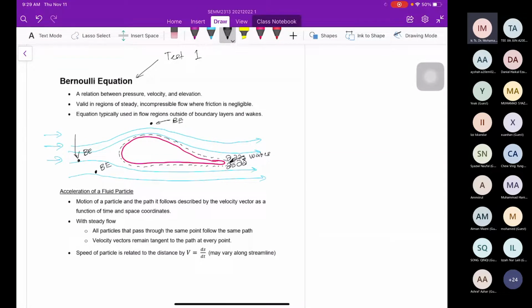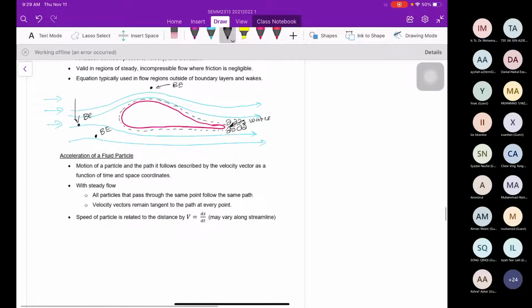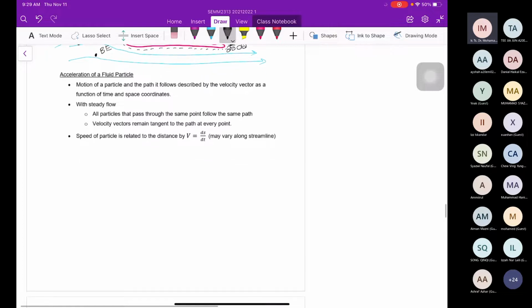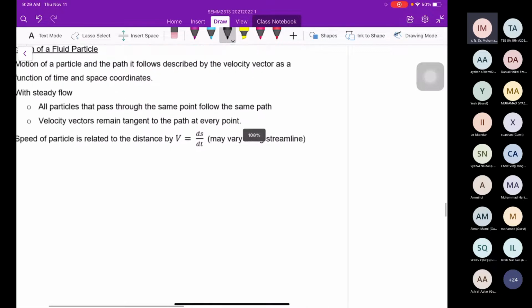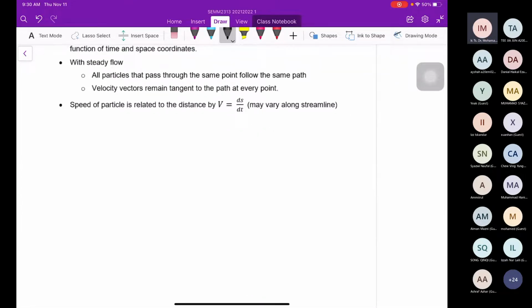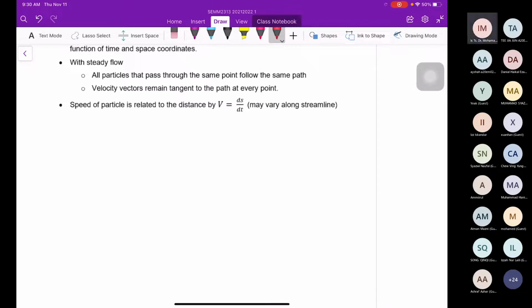So the acceleration of a fluid particle, you can see here, the motion of the particle and the path it follows is described by the velocity vector as a function of time and space. With steady flow, all particles that pass through the same point follow the same path. This is the steady flow. So the speed of the particle relates to the distance by v equal to ds over dt. The change of distance over time gives the velocity. For example, we have a small element of flow, moving this way.